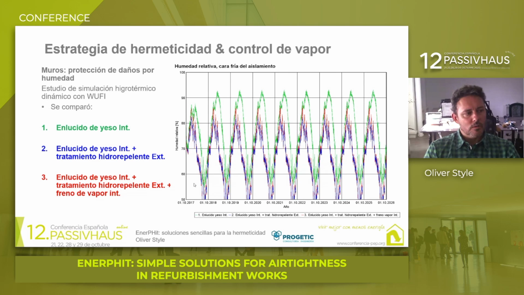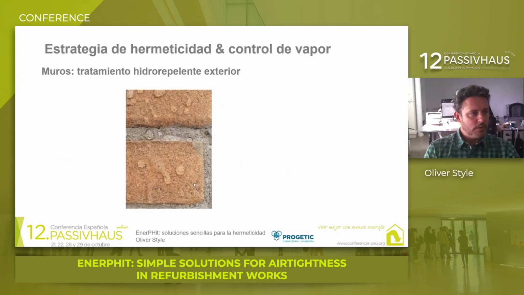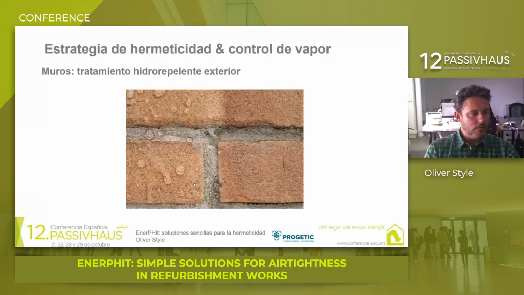This indicated that when compared with solution 2, hydrothermal performance worsened to a certain extent as relative humidity increased on the cold face of the insulation. So we decided that the solution to choose was plaster as an air barrier, permeable to vapor, combined with water-repellent treatment on the exterior, as shown in the photograph.